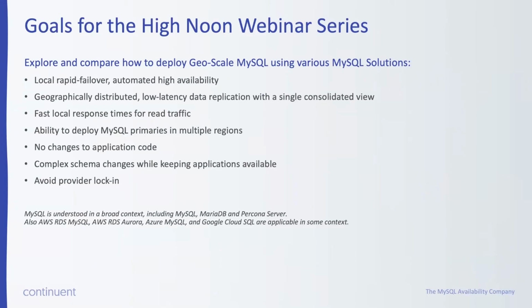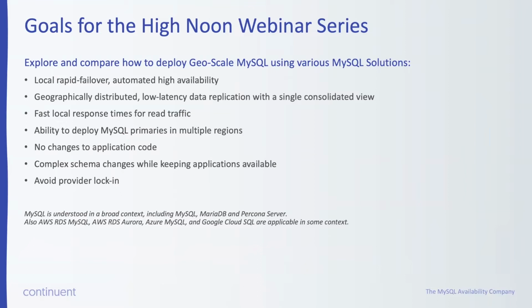So maybe you've seen the previous High Noon webinar, but if not, what we want to do is look at several solutions to deploy MySQL at the geo scale and look at highly available solutions. So what we're looking for is rapid failover in the local network so that we have high availability for our applications. We would like to have our applications geographically distributed so that we have low latency data replication with a consolidated view, consolidated management view.